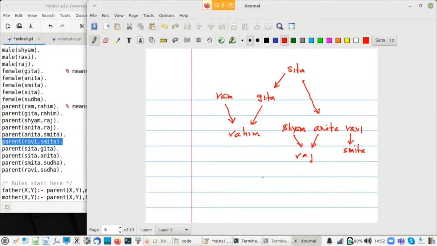Smita is Sudha's parent and Ravi is also Sudha's parent. Okay, Smita is Sudha's parent and Ravi is also Sudha's parent. So this is the kind of structure we have, right? From the given facts, this is what we are getting.